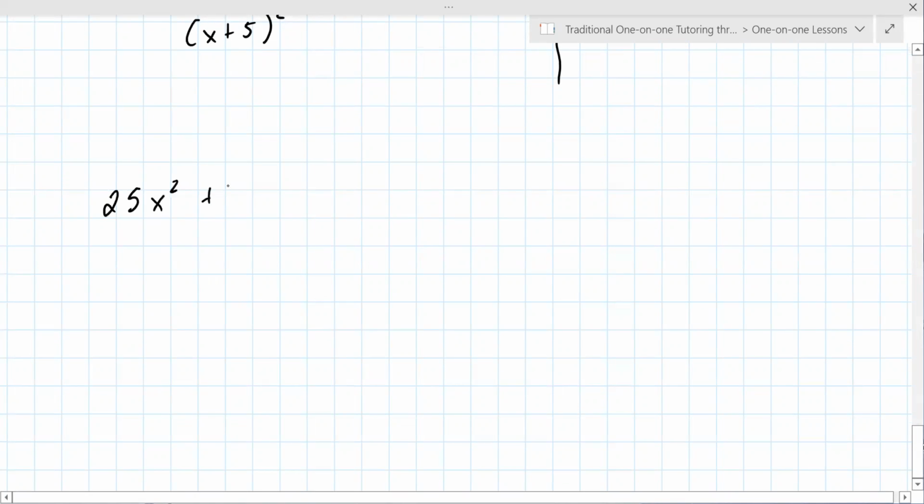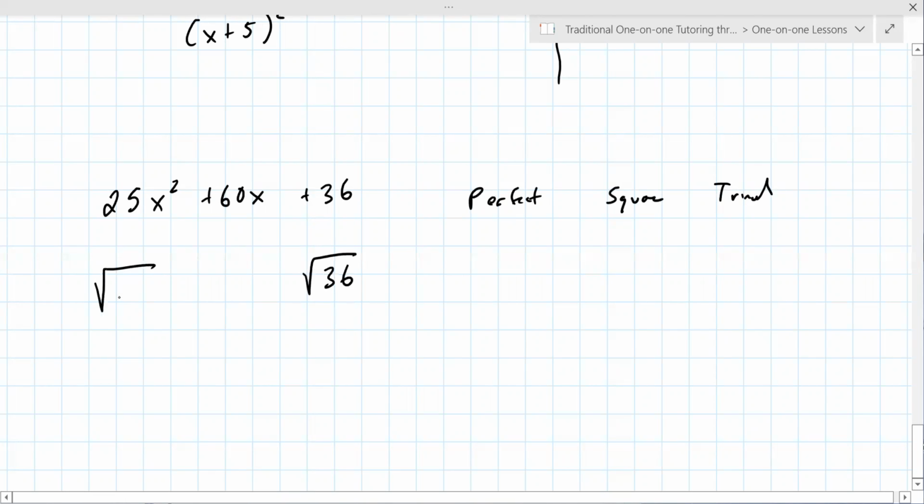25x squared plus 60x plus 36. If I tell you this is a perfect square trinomial, what that means is you have to take the square root of 25x squared and the square root of 36, and that tells you what goes in parentheses down here.